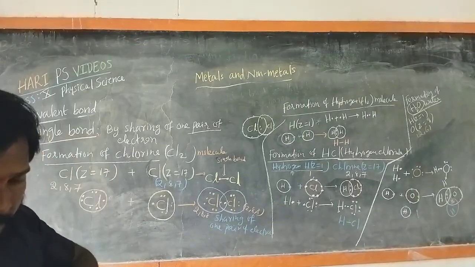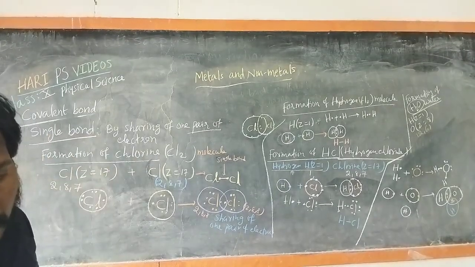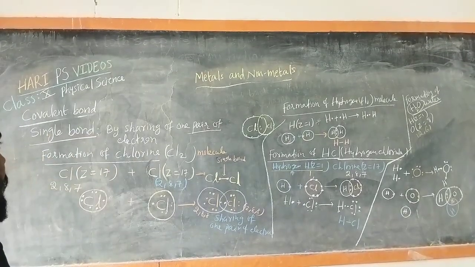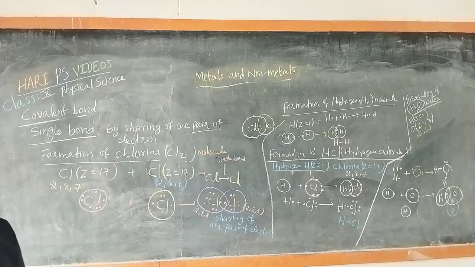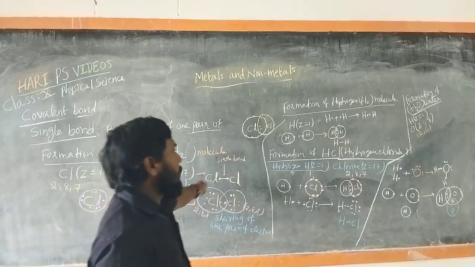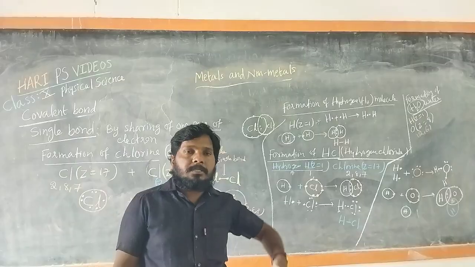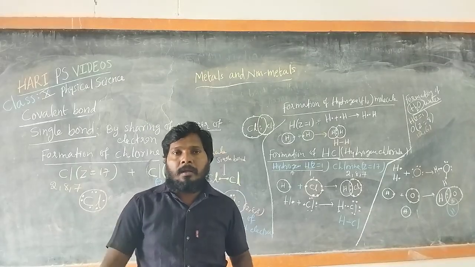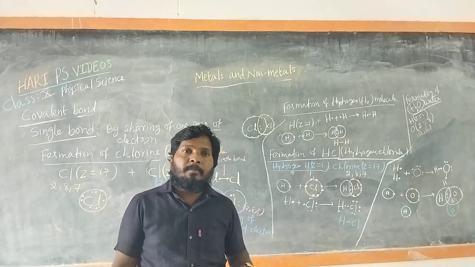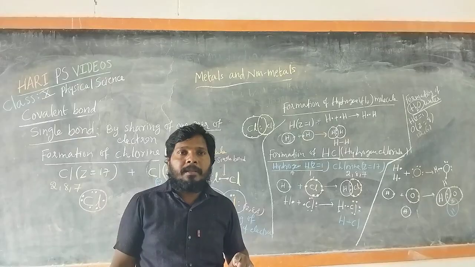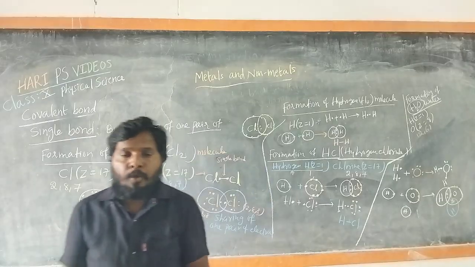If you take ammonia, nitrogen and hydrogen, these are covalent compounds. A single covalent bond is formed by one pair of electrons. So I hope you understood.